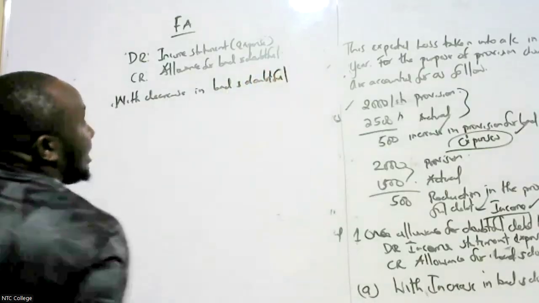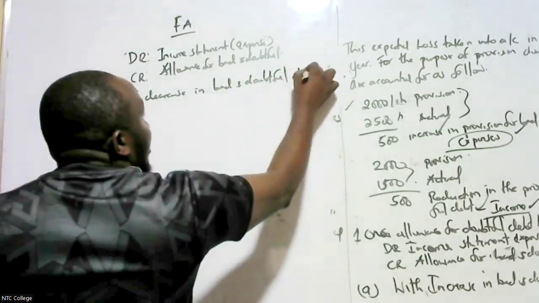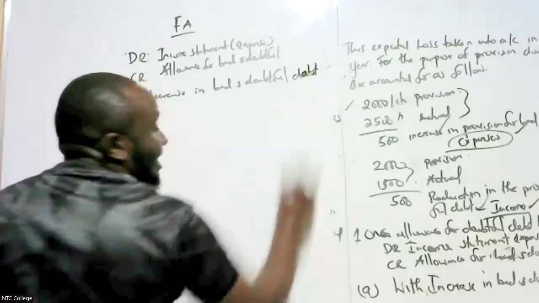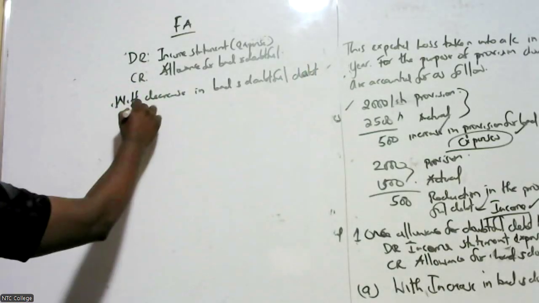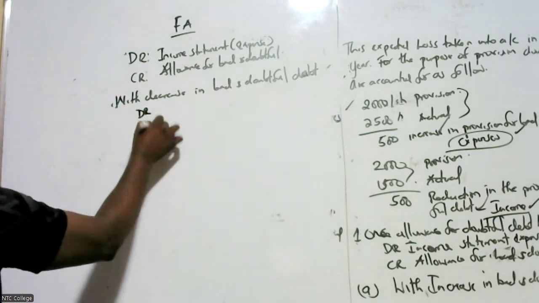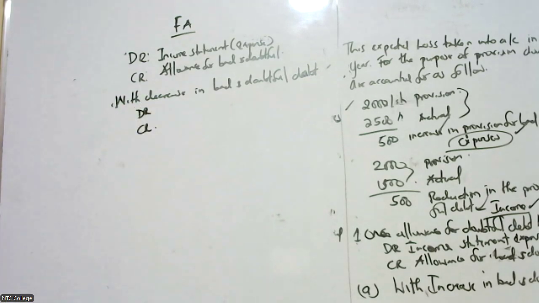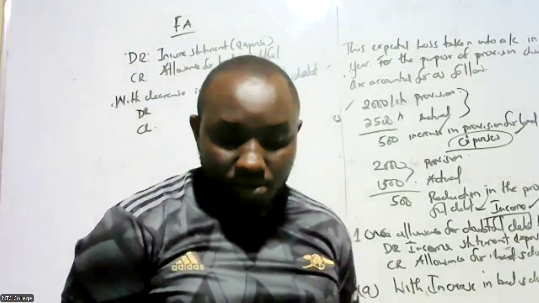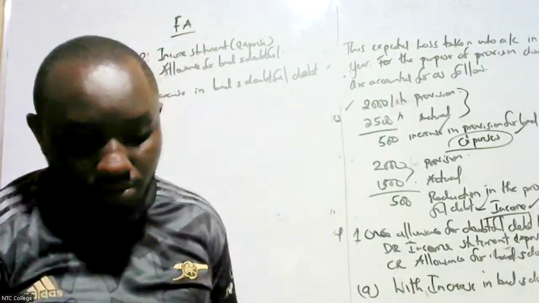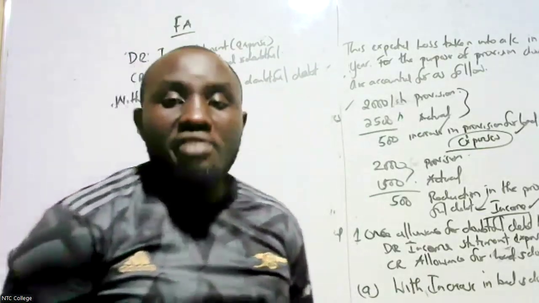With a decrease in bad and doubtful debt, this is an income. When that is an income, what do we debit now, and what do we credit? So the reverse.